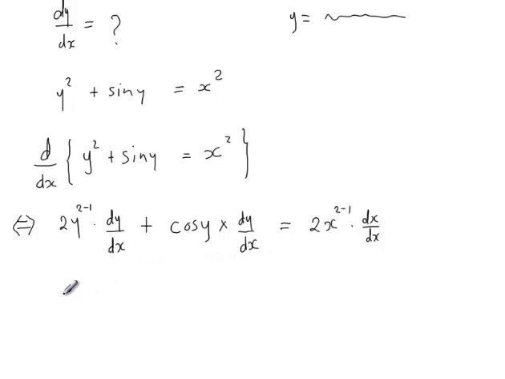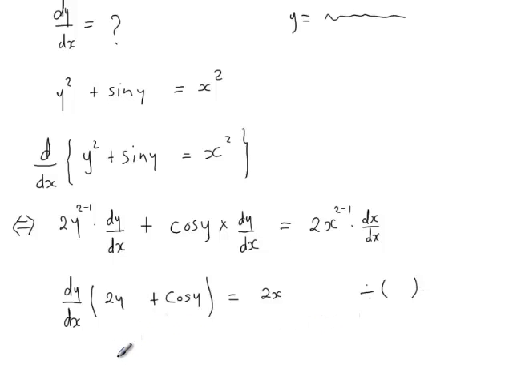So let's simplify by putting dy/dx here as a common factor, and writing this as 2y plus cos y, closing brackets here, and writing this as 2x, just as 2x. That is simple. Then the next thing, we will divide both sides by the bracket.